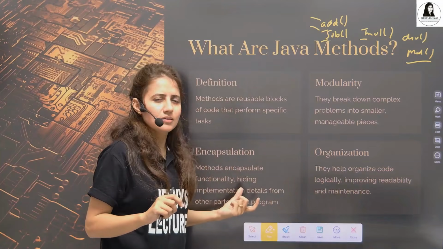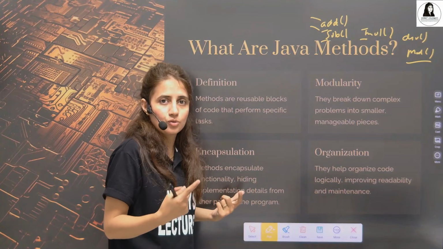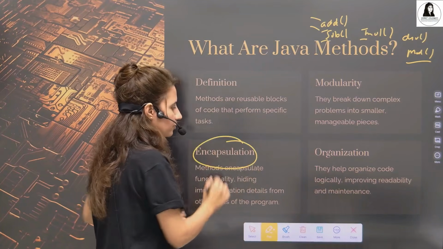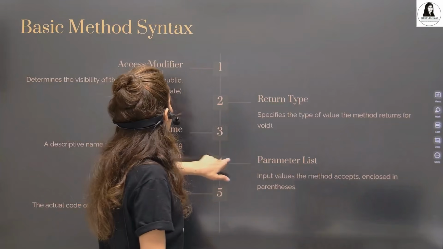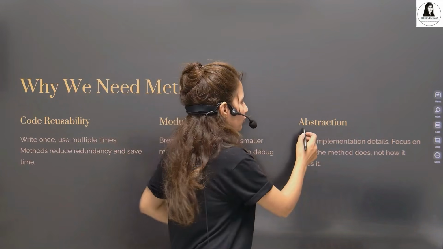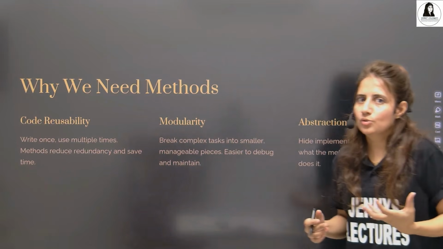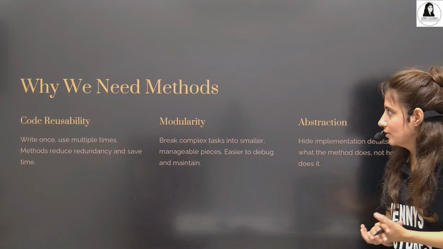Encapsulation, we will see, it's kind of data hiding. Using methods, we can achieve encapsulation also, and we can hide the data also. But that thing we will see when we discuss object-oriented programming concepts. Don't worry, right? So these things we have already discussed. Why we need methods. Abstraction also we will see later; if you want to hide the implementation detail, you can use methods.